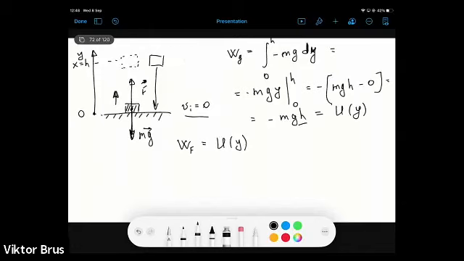We have initial velocity equal to 0, and final velocity is not 0, so there is kinetic energy.